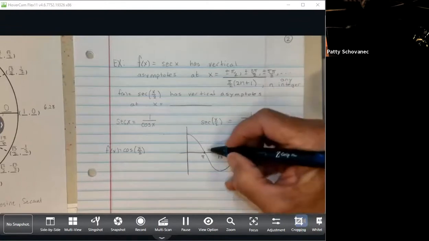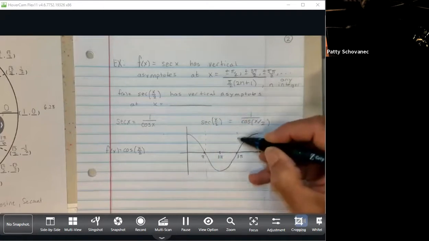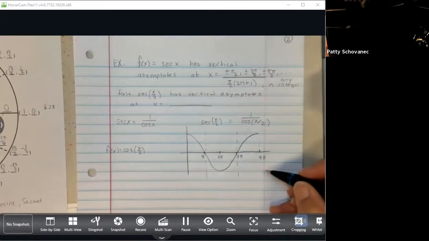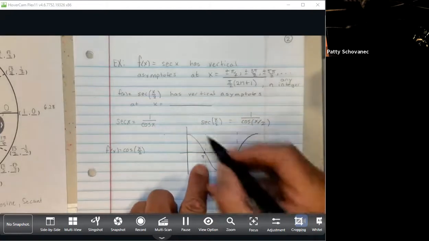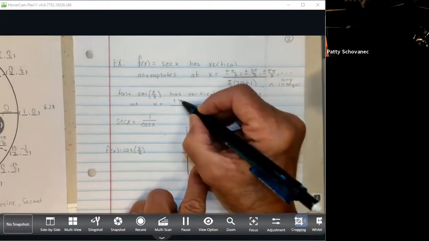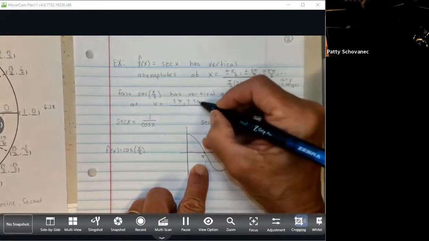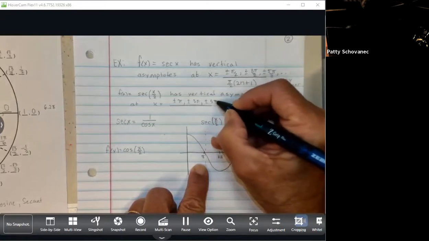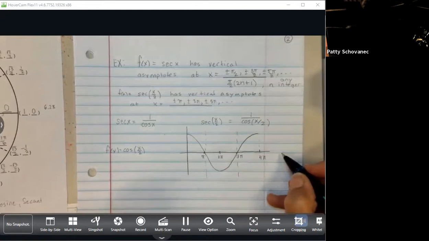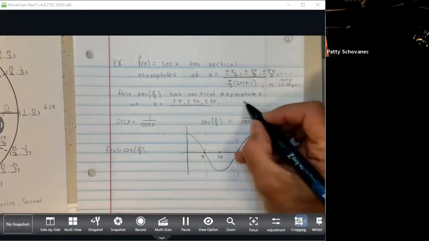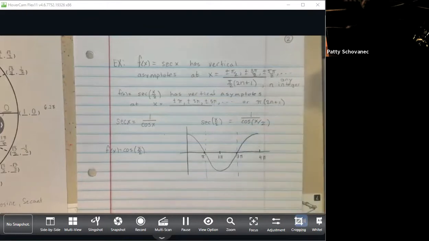So it looks to me that if I draw now my secant curve, that's where the asymptotes are going to be. Right? So these are going to have vertical asymptotes at plus or minus pi, plus or minus 3 pi, plus or minus 5 pi, and so on, or odd multiples of pi. Pi times 2n plus 1.